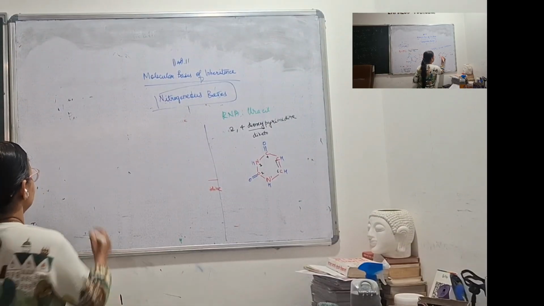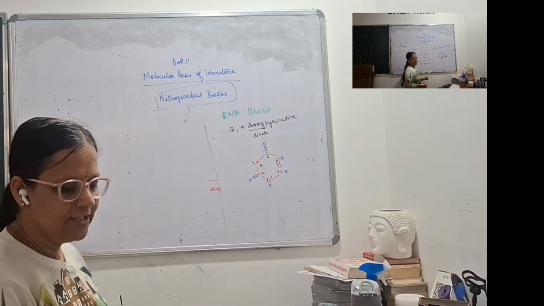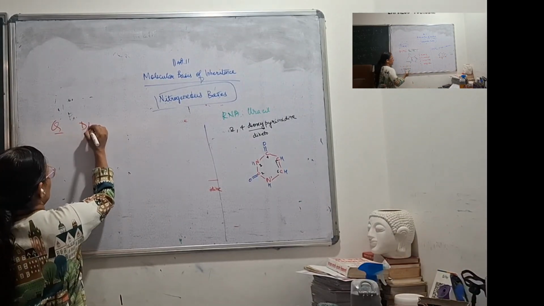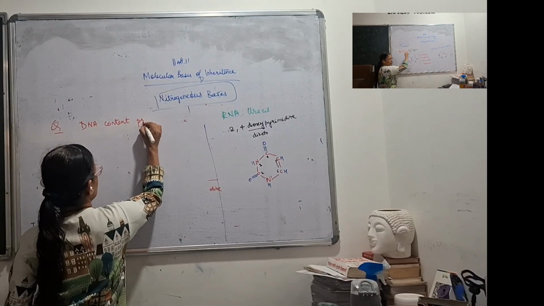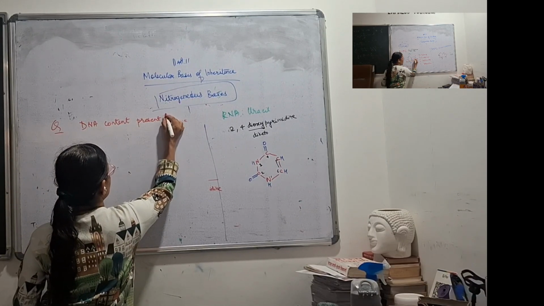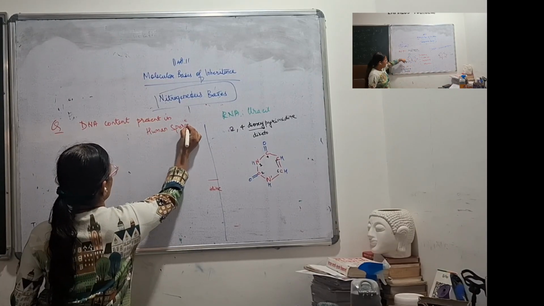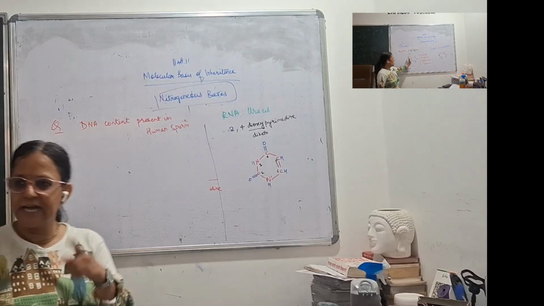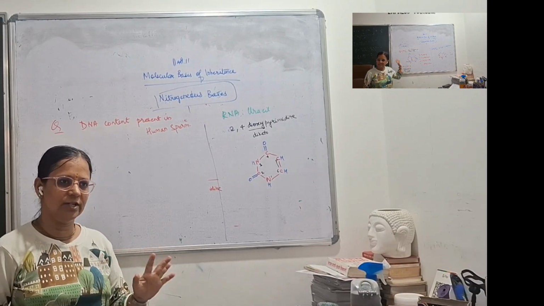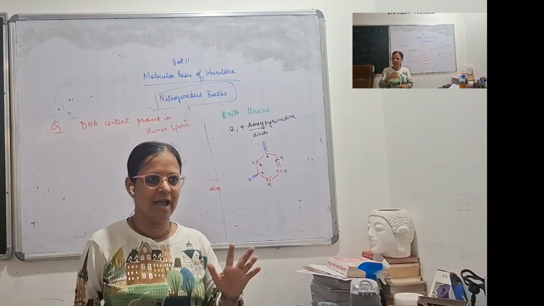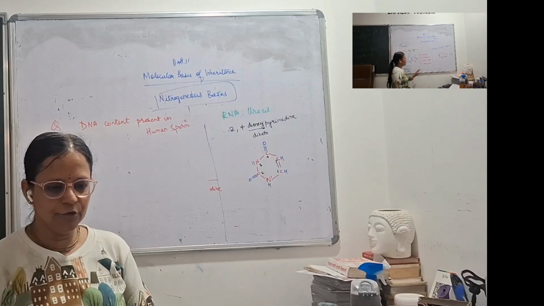The question is, what is the DNA content present in human sperm? Now, instead of sperm, they can even put ovum. Sperm or ovum, it's one and the same because both are sex gametes and they will have a haploid number of chromosomes, right? So, how would you calculate?